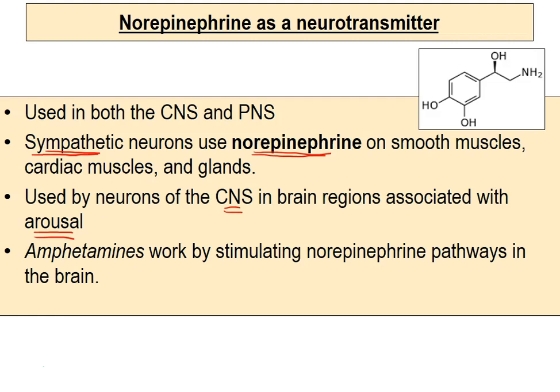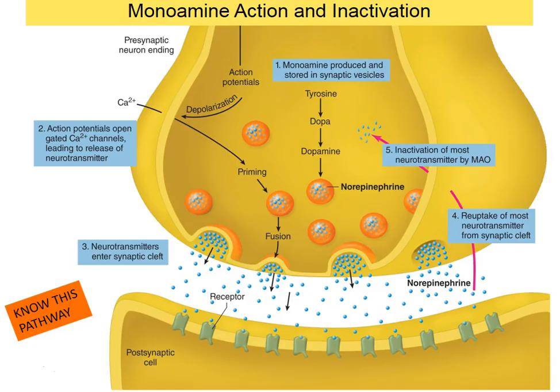And so let's just look at a diagram of norepinephrine as it is released from the presynaptic neuron. Realize that it is a tyrosine derivative, and so it actually goes through this metabolic pathway where tyrosine is converted to dopa, which is converted to dopamine, which is then converted to norepinephrine, which is then stored in synaptic vesicles.